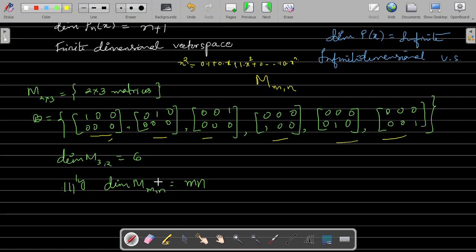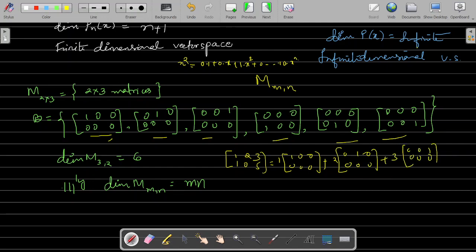So in general, dimension of M m by n is always equal to m into n, because any 2 by 3 matrix, like if you have 1, 2, 3, 1, 0, 5, can be written as a linear combination of these matrices: 1 into (1, 0, 0, 0, 0, 0), plus 2 into (0, 1, 0, rest all 0), plus 3 into (0, 0, 1, 0, 0, 0), plus 1 into (0, 0, 0, 1, 0, 0), plus 0 into (0, 0, 0, 0, 1, 0), plus 5 into (0, 0, 0, 0, 0, 1).